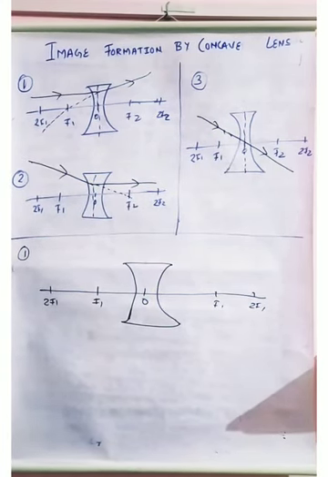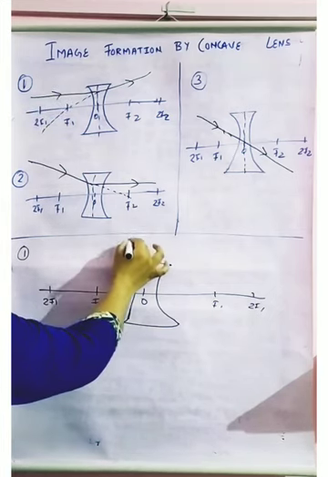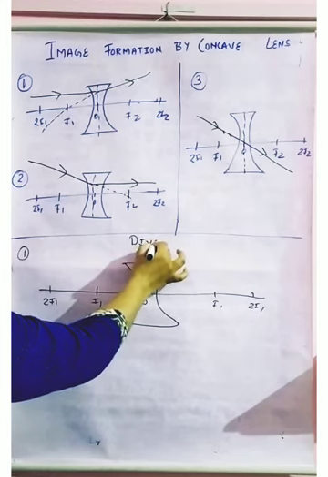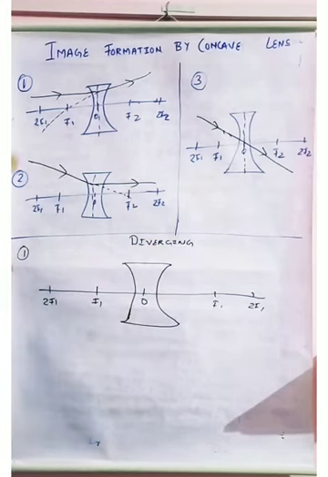Understood? When the ray moves parallel to the principal axis, because of the nature of the concave lens, it has a diverging nature. So when the ray comes, it gets diverged, and in a convex lens we have seen that it has a converging nature.